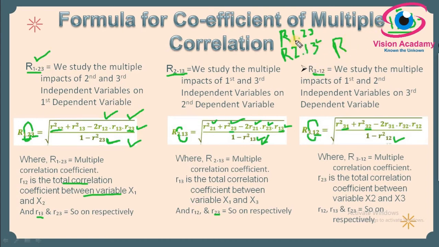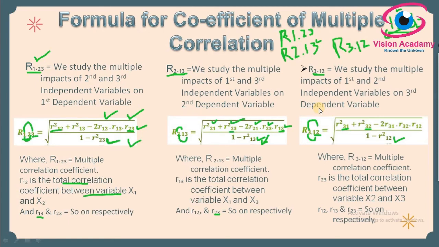We have used 1 and 2 already as dependent variables, the remaining thing is only 3, so R3 point. Then how to use that 1 2? Here we have 1 2 or 2 1. It does not matter in case of multiple correlation coefficients. We have 1 2. So in this way we have formulated R1.23, R2.13 and R3.12. Understanding the formula is very essential in case of multiple correlation coefficients, otherwise you will be in trouble.